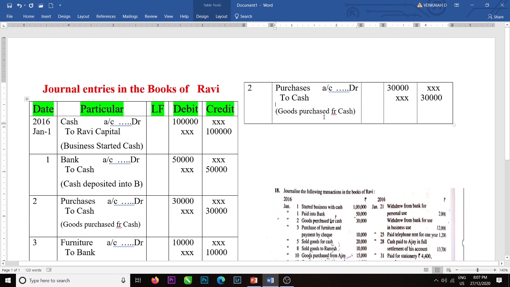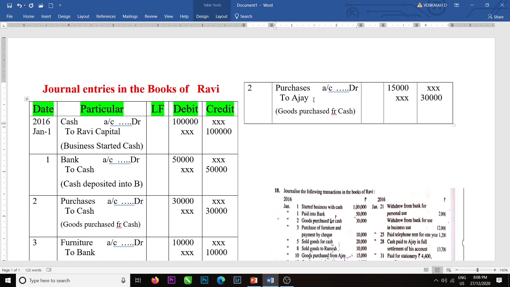Right. So goods are coming in. What comes in, according to the real account rule, is debited. Goods amount is 15,000. So now Ravi purchased goods from Ajay. Ajay is giver. So Ajay account should be credit.